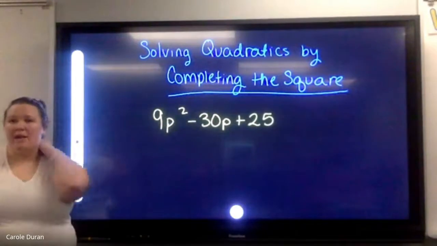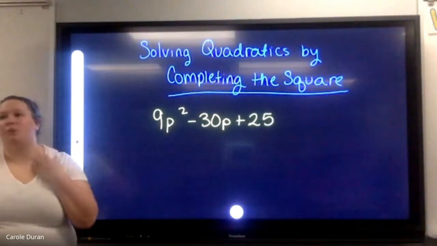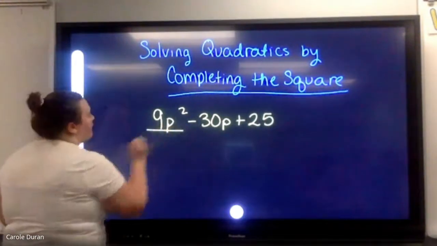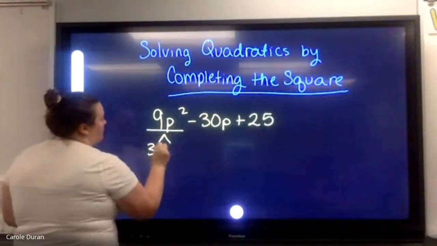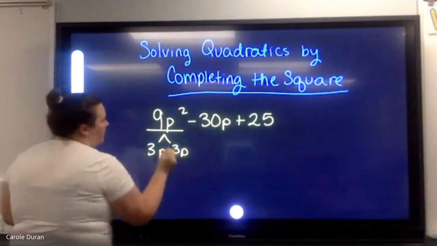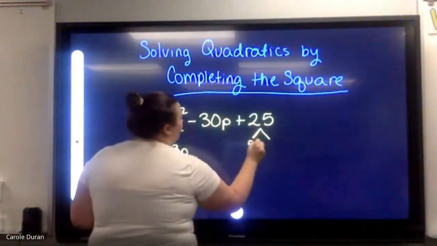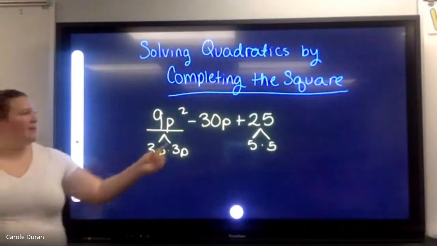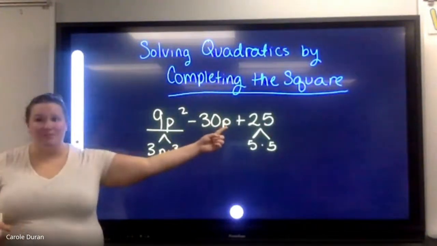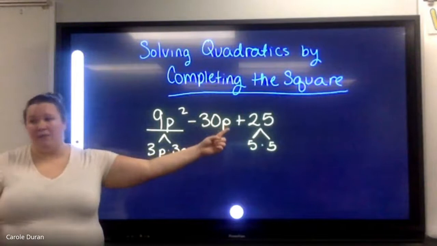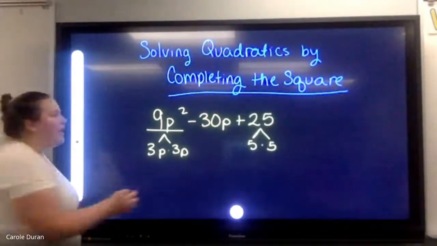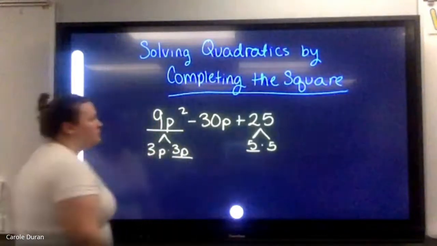So this quadratic, for example, is a perfect square trinomial. I know it's a perfect square trinomial because my first term is a perfect square, and my third term is a perfect square. I also know because my third term is positive, as happens every time we square something, and my second term is 2 times each of these factors multiplied together.